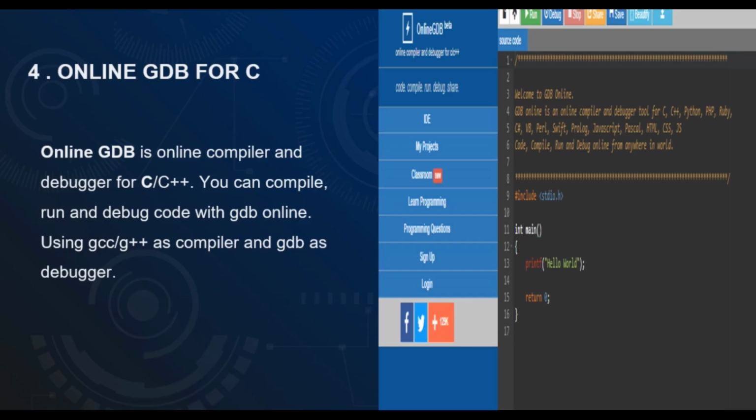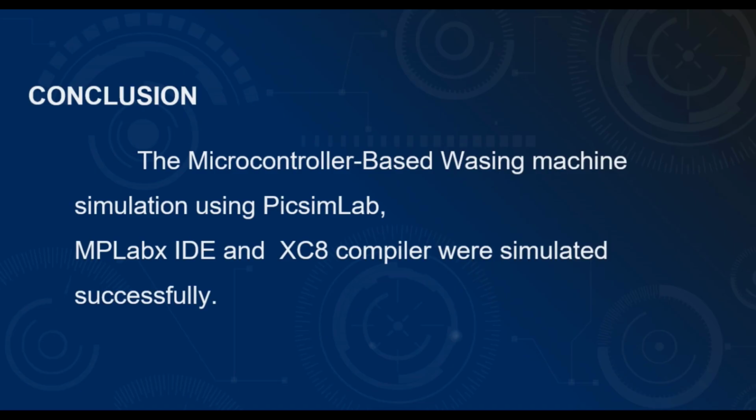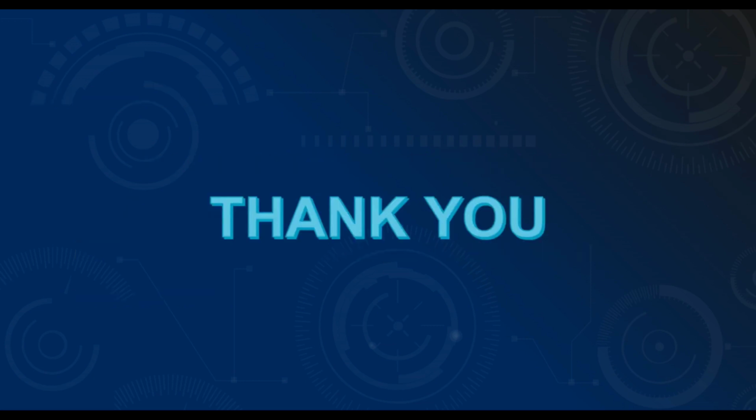Online GDB is an online debugger and compiler for C and C++ that we use to code for embedded systems. Finally, by using these four software tools, we complete our project, building a washing machine by coding a microcontroller board.